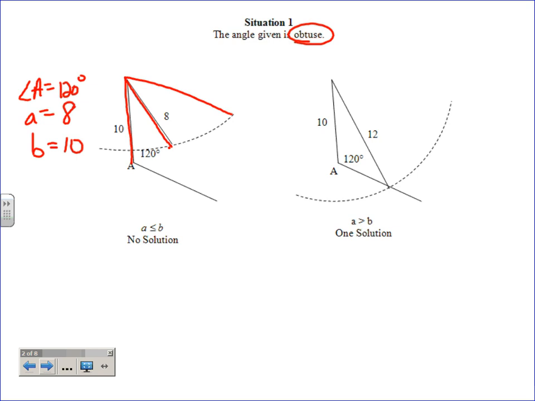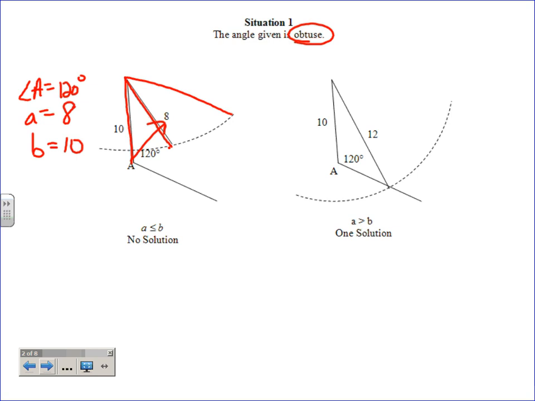It just is never going to make it. Because let's face it, across from the obtuse angle better be the biggest side of the triangle, correct? Because how many obtuse angles can you have in a triangle? No. 1. And so if that's not the biggest side over there, are you going to get any triangles out of this? No. Is law of sines going to work? Oh, you could set it up, you could try, but it's going to give you an error.